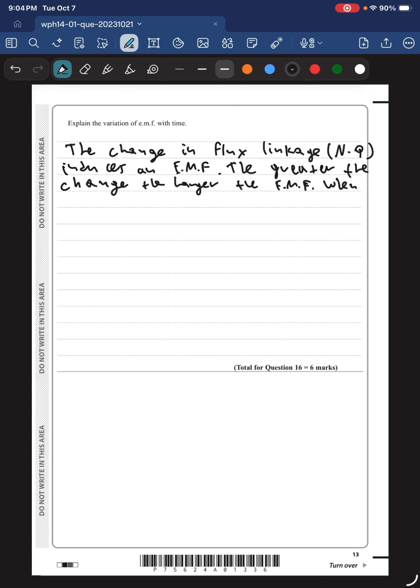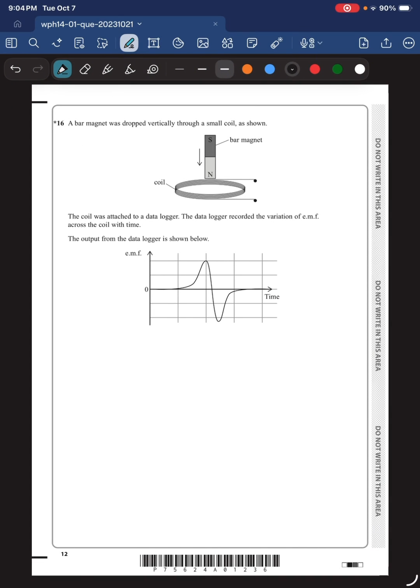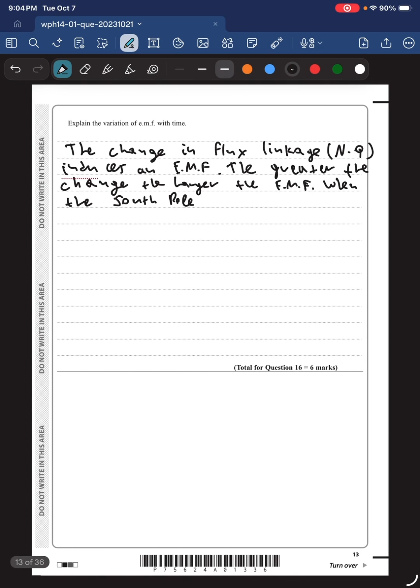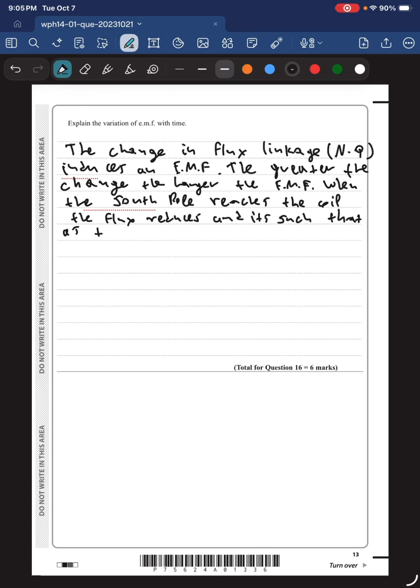When the south pole, let me show you the scheme, so when the south pole reaches the coil, the flux reduces, and the induced EMF is such as to produce a current that opposes the change in flux.